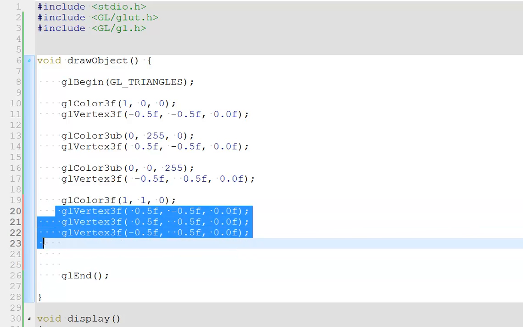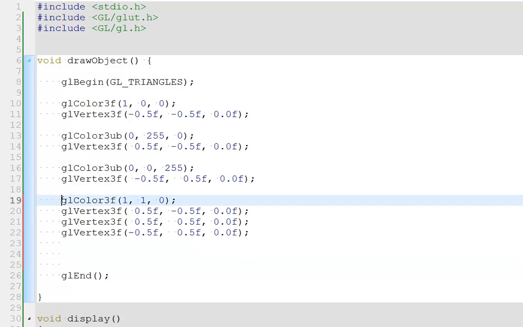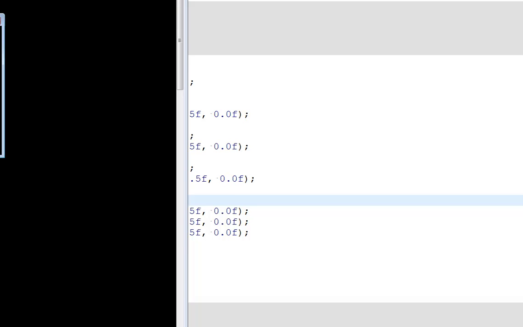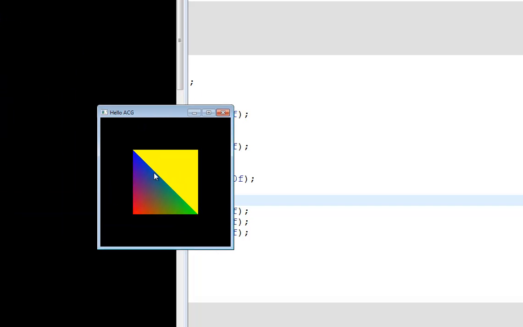These 3 points will be drawn all using this color, completing the square. Let's see how that works. There's our yellow triangle. So together, this colorful triangle and this yellow triangle give us the shape of a square.